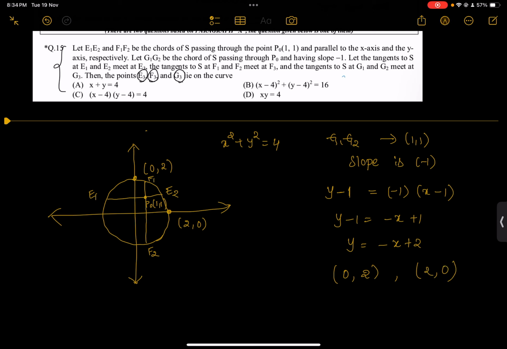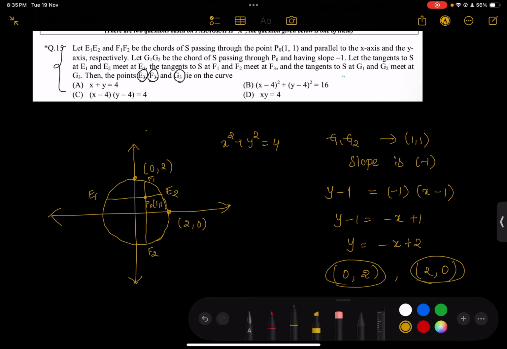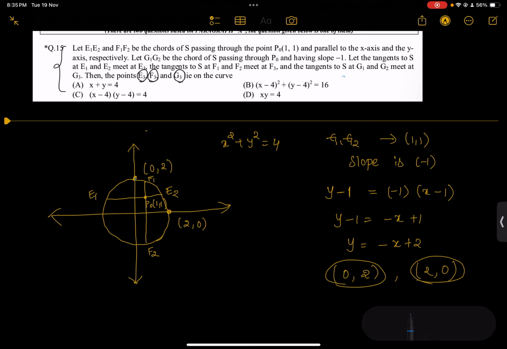So this chord passes through 3 points: 0 comma 2, 2 comma 0 and 1 comma 1. This is the chord. This point is G1 and this point is G2. So now we have located E1, E2, F1, F2 and G1, G2.